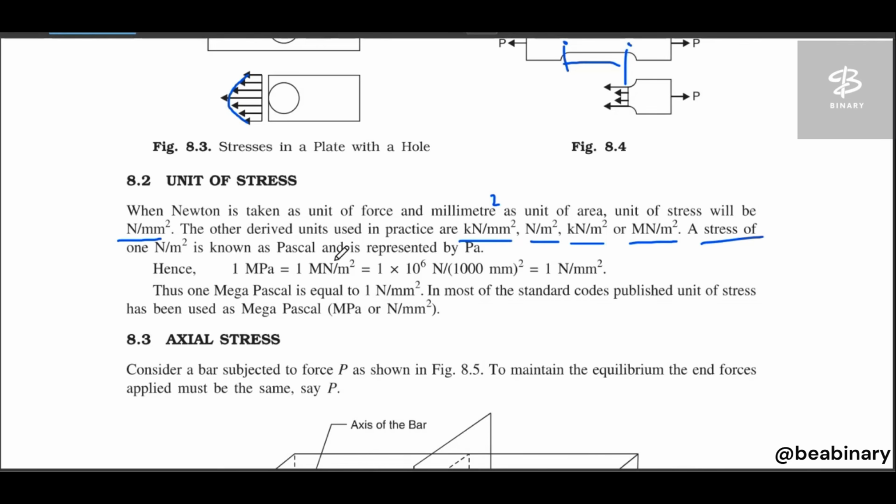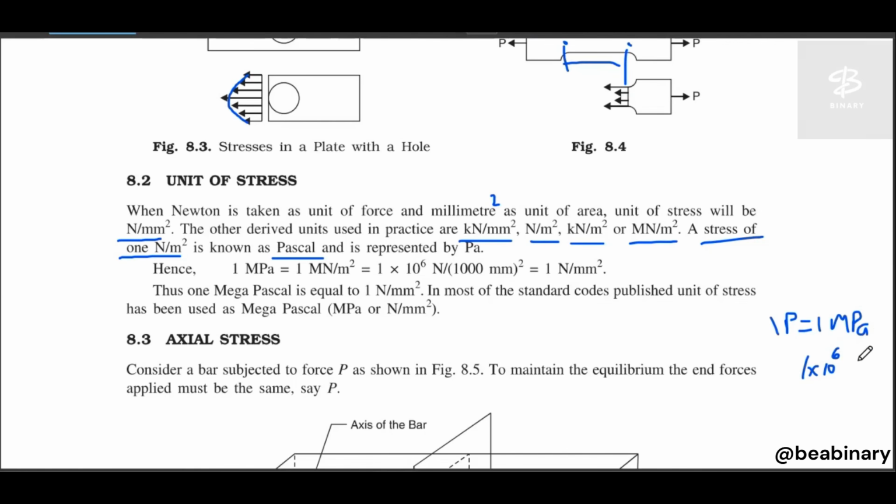Now a stress of 1 Newton per meter square is known as the Pascal. So 1 Pascal is equal to 1 Newton per meter square, and 1 MPa means M is 1 into 10 to the power 6.